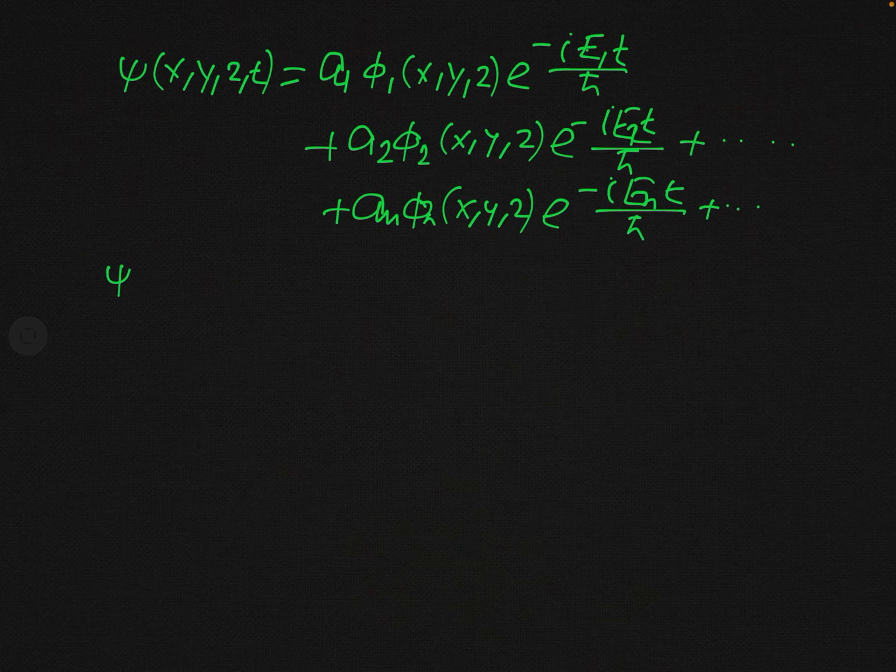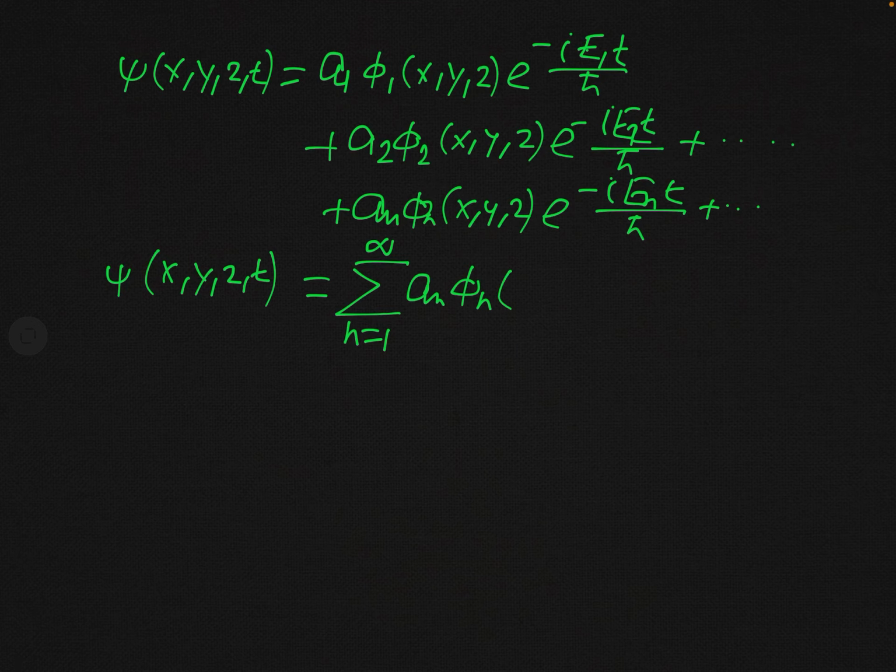In compact form, using the summation sign, this may be written as the summation n from 1 to infinity of an phi n of x, y, z and e raised to the power minus i En t over h bar.